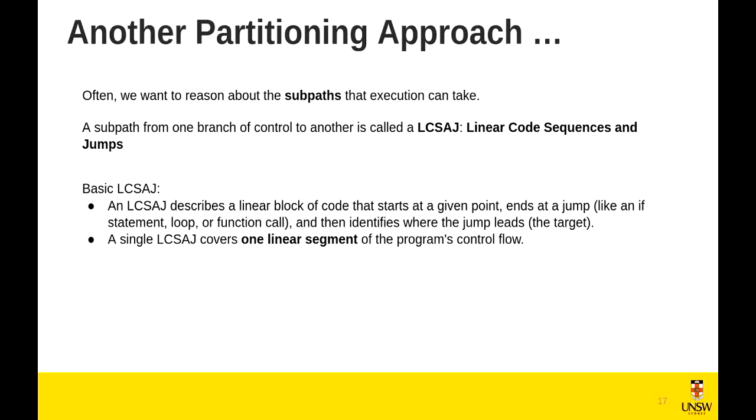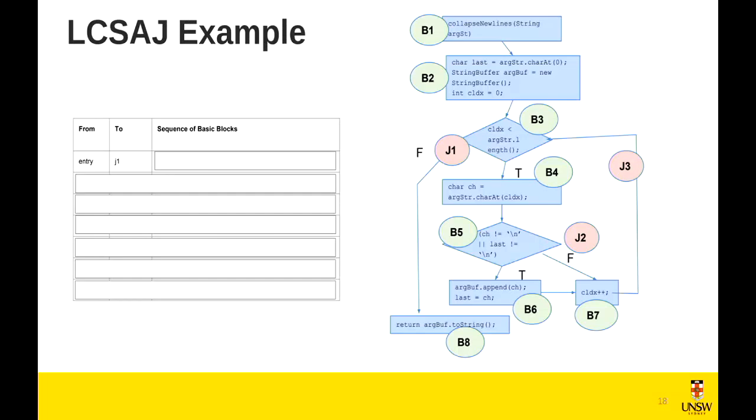Let's have a look at a concrete example here. So I think you have missed what LCSAJ is. LCSAJ is a sub-component of a control flow graph of program structures that is made by linear segments of the control flow graph, which means that each LCSAJ component doesn't have branches inside.